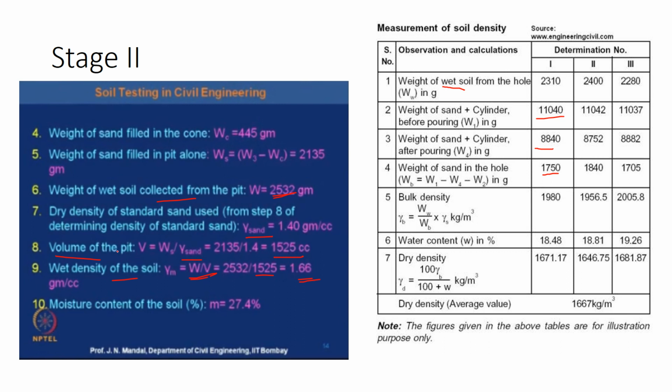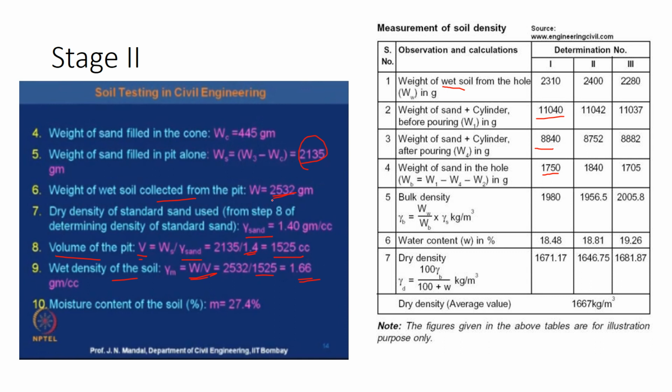I'll repeat once again. You know what is the gamma of sand, that is from the previous stage. We know what is the density, that's what we do in the calibration stage. We find what is the volume of pit. So our volume of pit is the weight of sand that is filling the hole divided by the density of sand. So we know how much volume of the pit now.